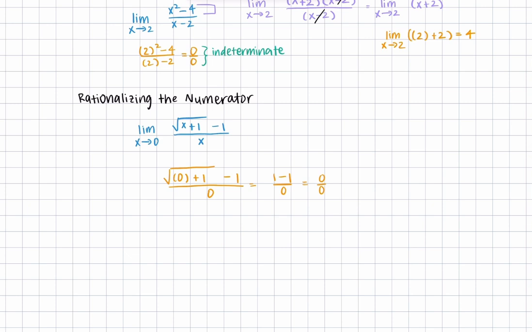So we're going to use something called rationalizing the numerator. This requires us to multiply by the conjugate. Remember, the conjugate is the same thing but with the opposite sign. So the numerator times the conjugate, which is square root of x plus 1 plus 1.